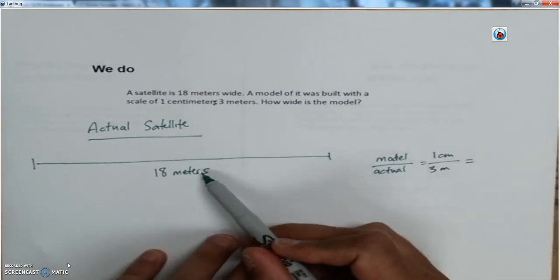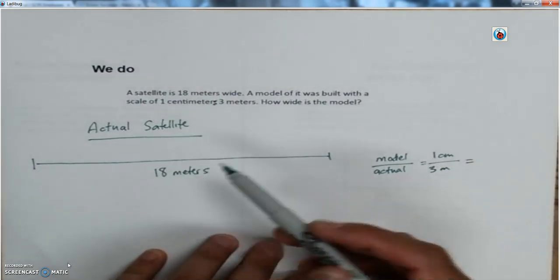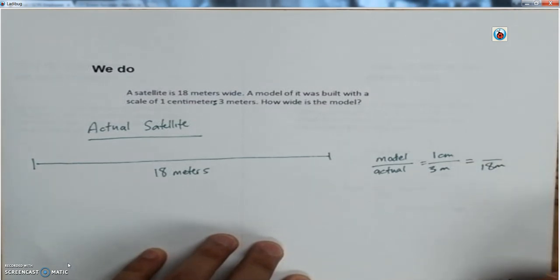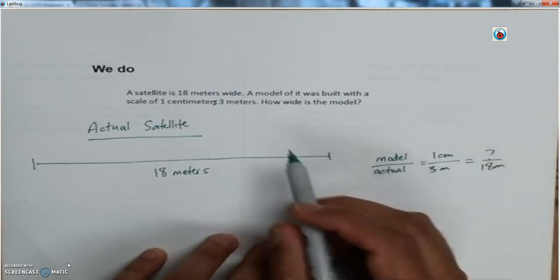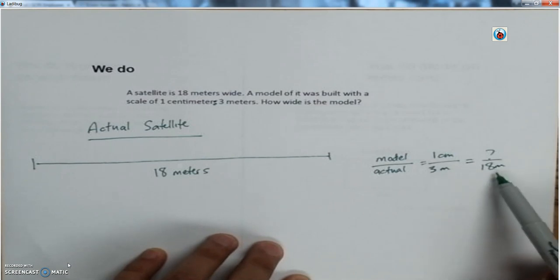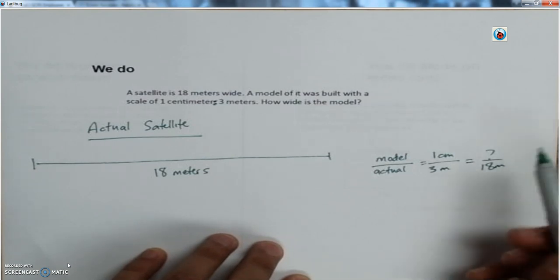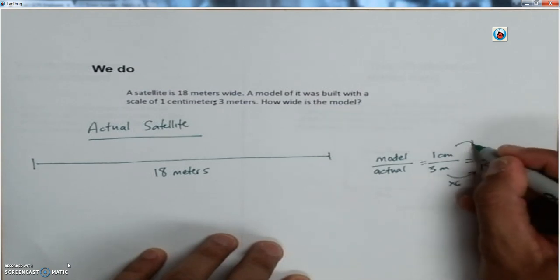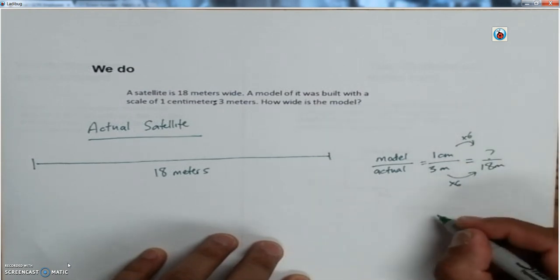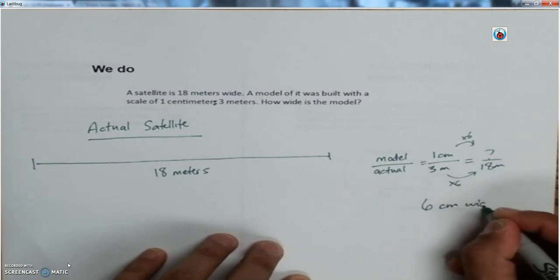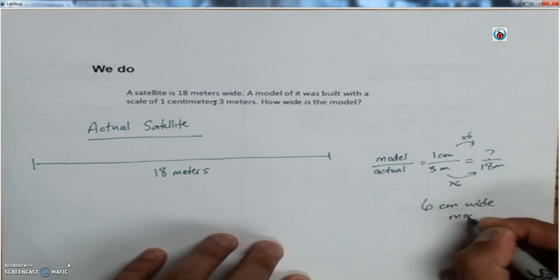We know the actual satellite size is 18 meters, and we want to know how many centimeters wide that would be on the model. So that's just a ratio like we saw way back at the beginning of 6th grade, right? We would look here and say, well, this is times 6. So that's times 6, and a 6 centimeter wide model.